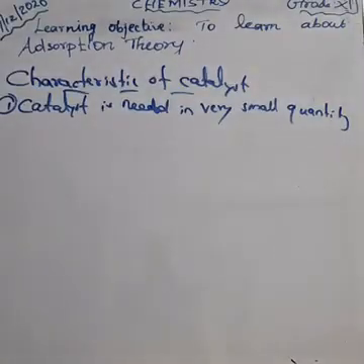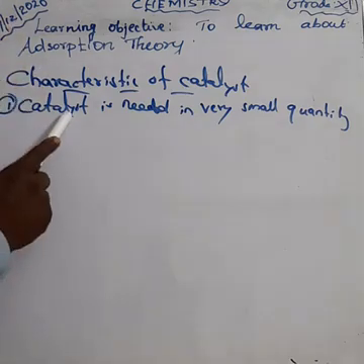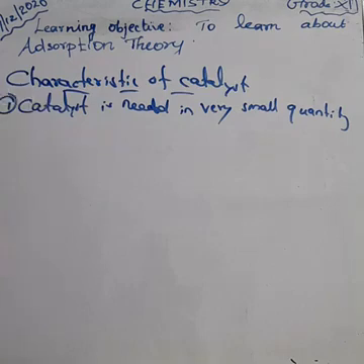Okay, what's the first point? Catalyst is needed in a very small quantity. Here, for a chemical reaction, don't forget that this is a very important question for the 3 mark as well as the 5 mark question. For a chemical reaction, catalyst is needed in very small quantity.